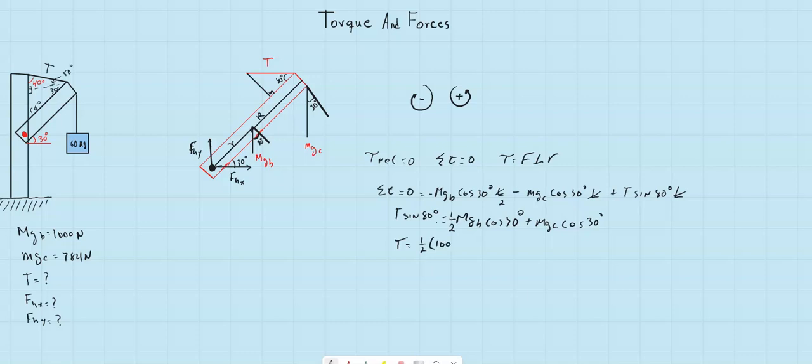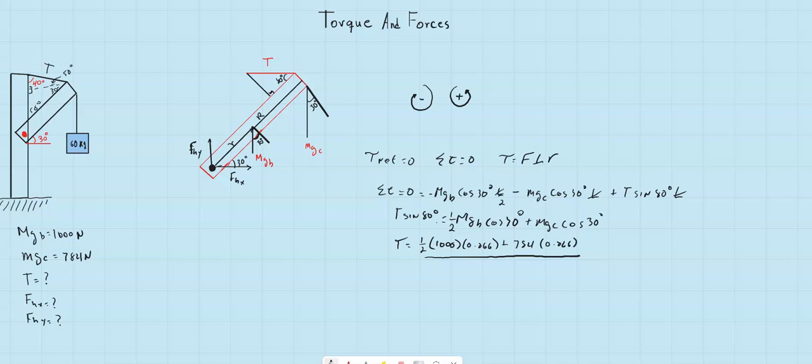So this will be 1/2 times 1,000 newtons times 0.866, which is cosine of 30 degrees, plus 784 newtons times the cosine of 30 degrees, which is 0.866, and all of this divided by sine of 80 degrees.